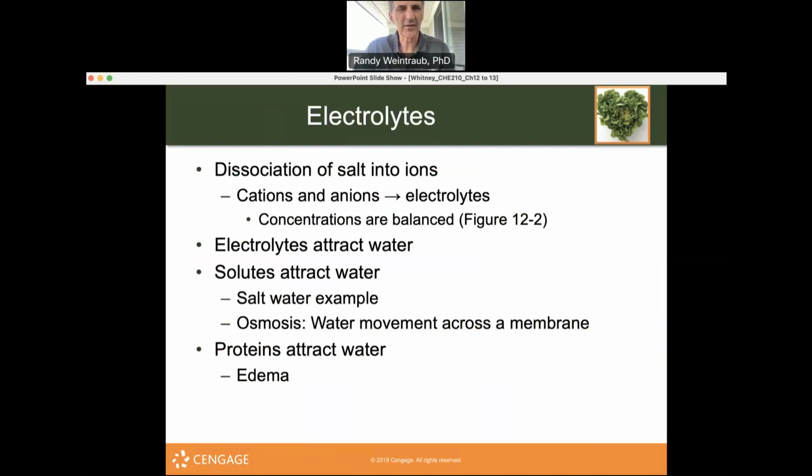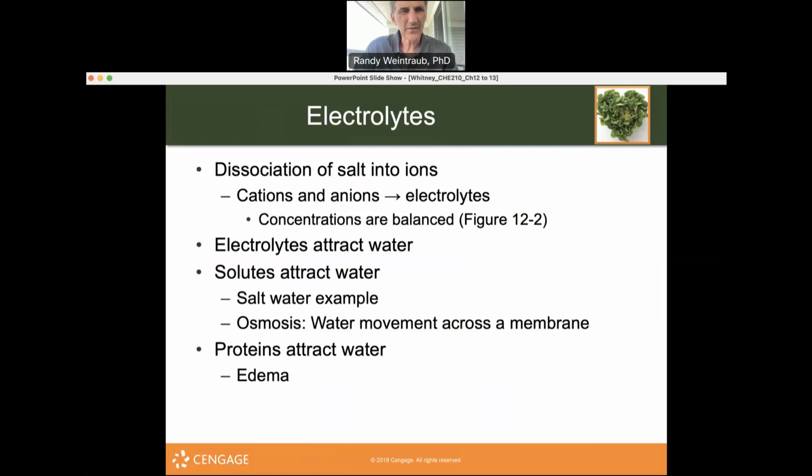Electrolytes are, to a large extent, responsible for this balance of water. The electrolytes attract water due to their charge. Electrolytes are considered solutes, that is, they're dissolved in water.